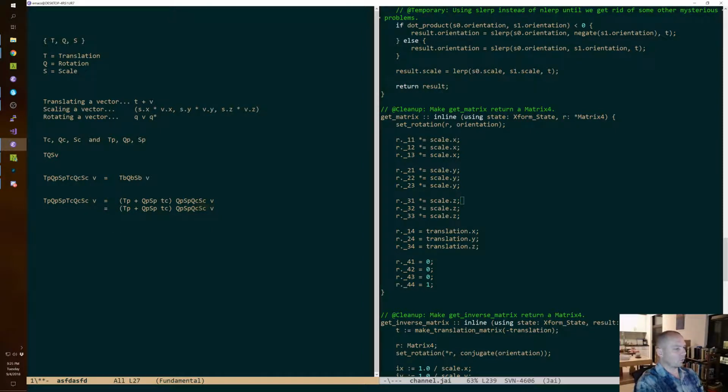So now we want to drag the scale across. We're going to use star for like Hadamard product here. I want to put these scale terms together first, and then we'll shift them both left of the rotation.